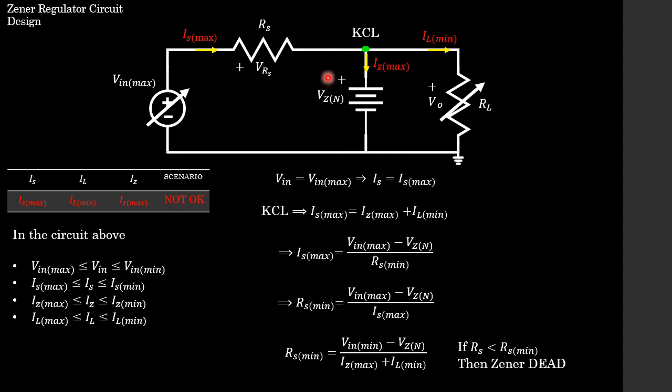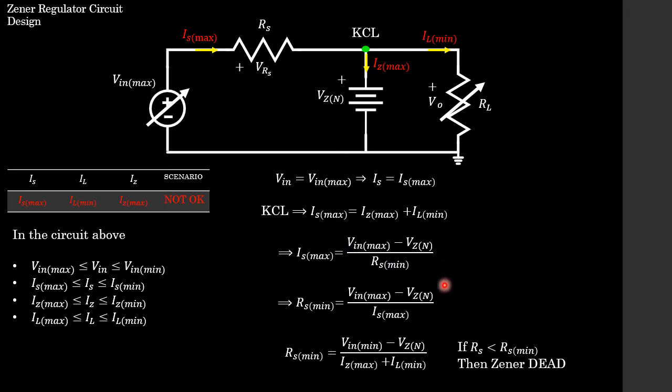It's caused by our Zener diode, Vz. And because of Ohm's law, we divide it by Rs min. Yes, Rs min, because we're drawing maximum current from our source. So we have a very small resistor to draw maximum current. We then have this expression for Is max.